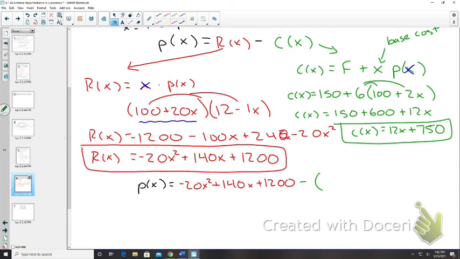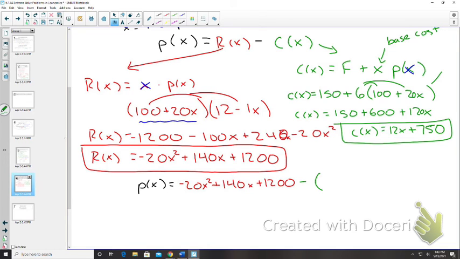So minus... I just realized I made a mistake. 6 times 20x. Right, it is 20x. Because they can sell 20 more bears depending on how many price changes they make.